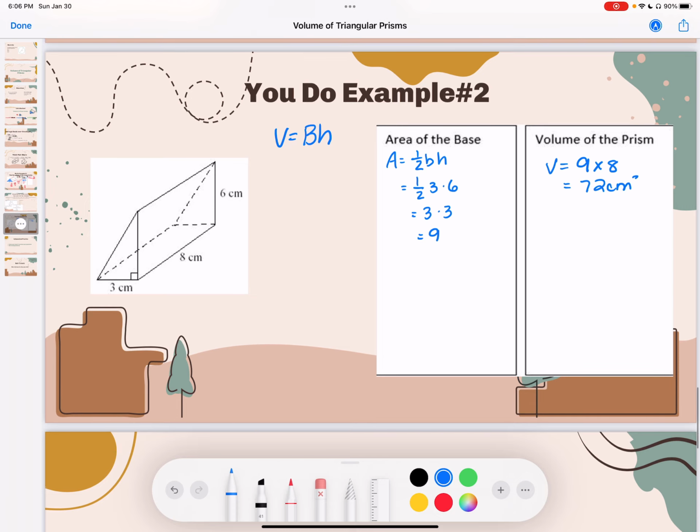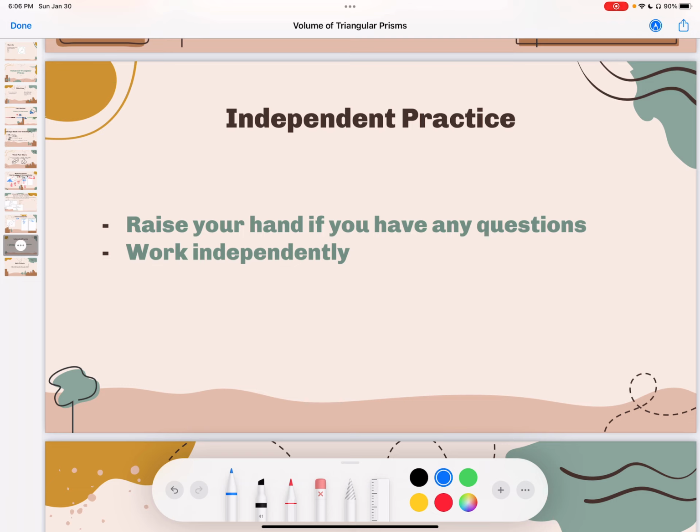So at this point, go ahead and work on your independent practice. Raise your hand if you have any questions. Please work independently. We want to see what you can do. That way we can go ahead and help address anything that you might not understand. Again, if you have any questions, please raise your hand. Worst case scenario, please send an email to one of the teachers.